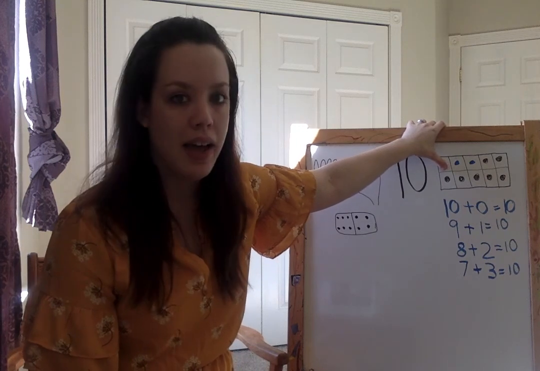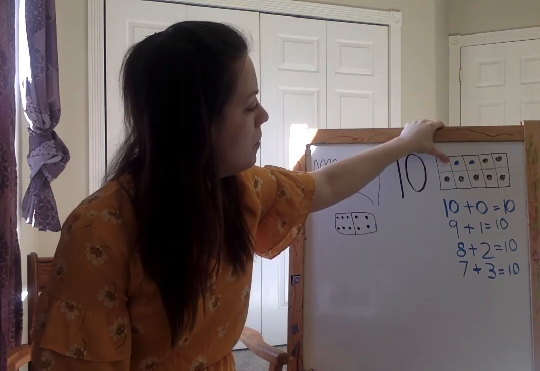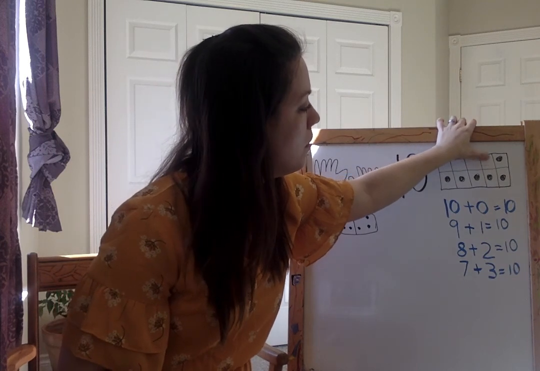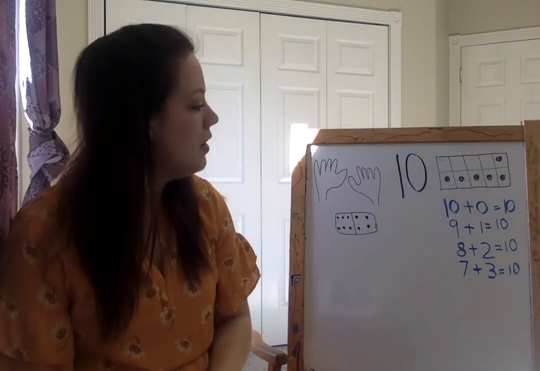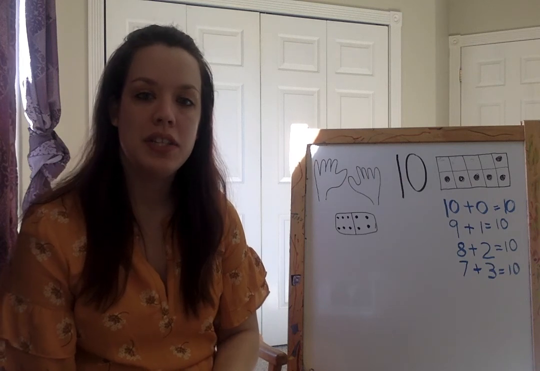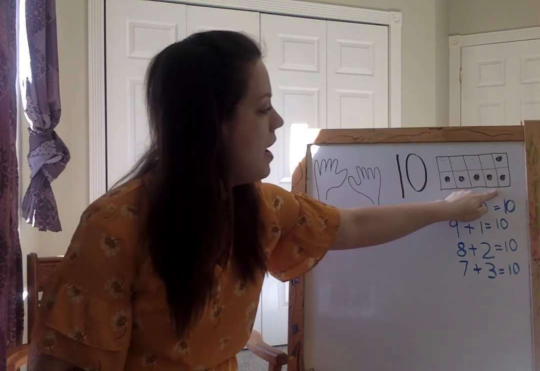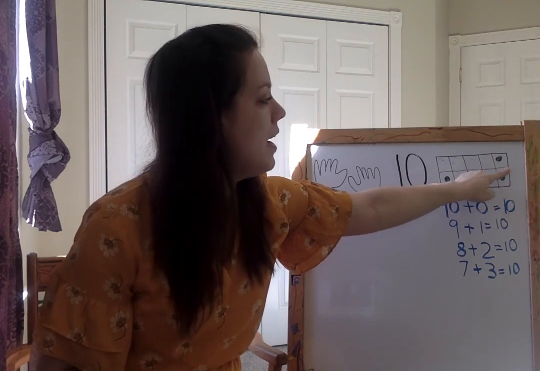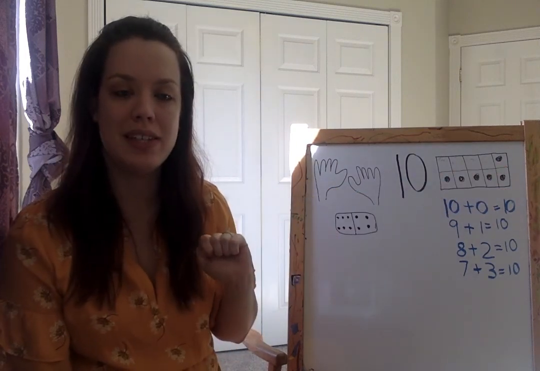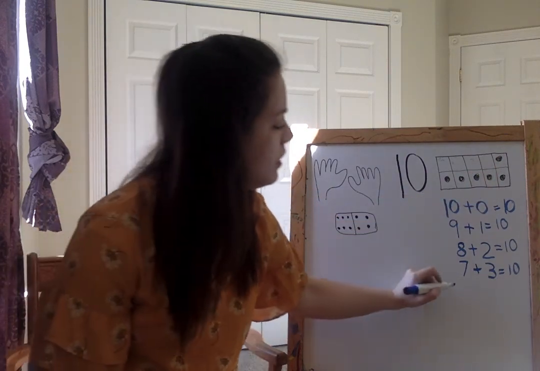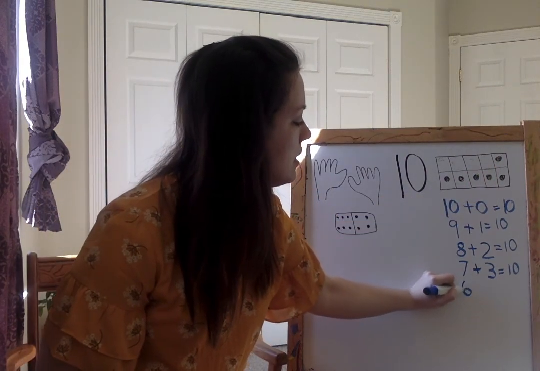Now let's take away 4 dots. 1, 2, 3, 4. How many spaces are still full in our 10 frame? We know there's 5 on the bottom, and 1 more makes 6. 5, 6 dots. 6.